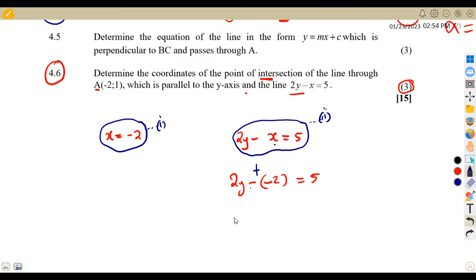So take note, minus and a minus, that's a plus. So that means we are going to have 2y is equal to, if I transpose this to the other part of the equation, 2y is equal to 5 minus 2, because the +2 is positive, so it will be -2. And 5 minus 2, that's 3. So you can divide by 2 on both sides. So that means y is equal to 3/2 at the point of intersection.